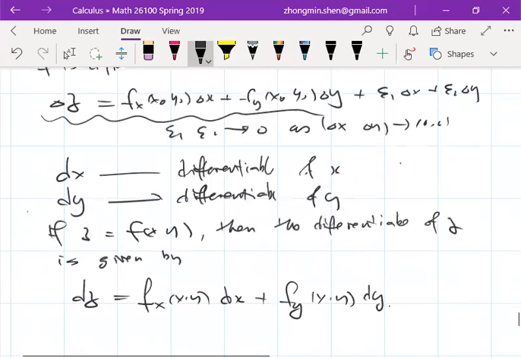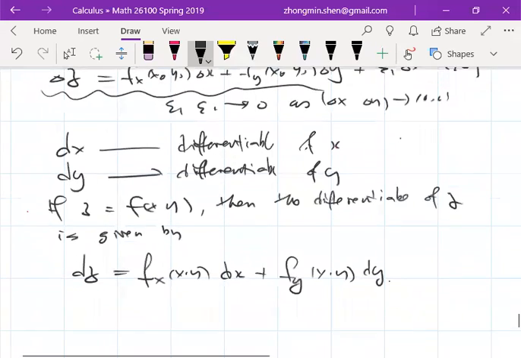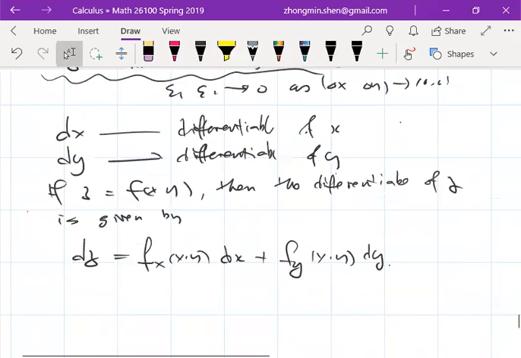That's it. You don't have any extra terms. So if z equals f of x, y, and we ask you to find the differential of z, you just need to find the partial derivatives and multiply by dx and dy.